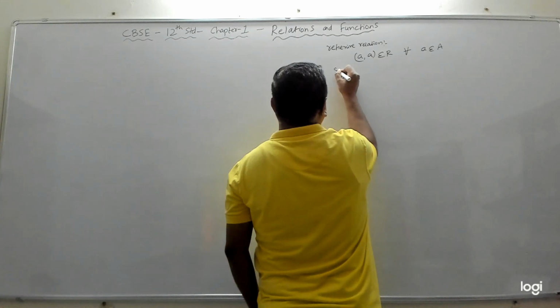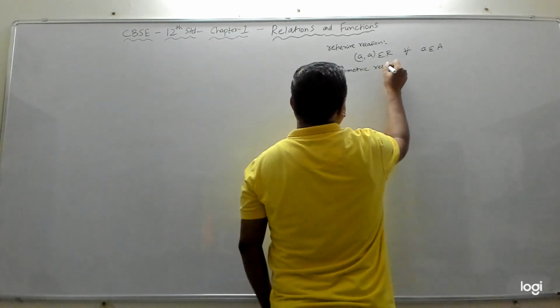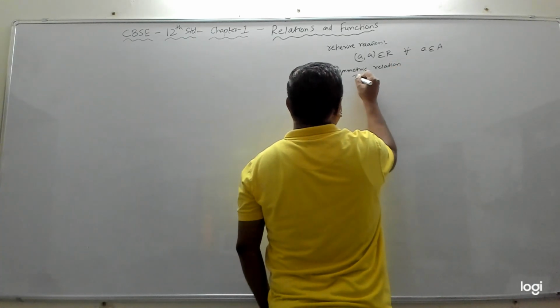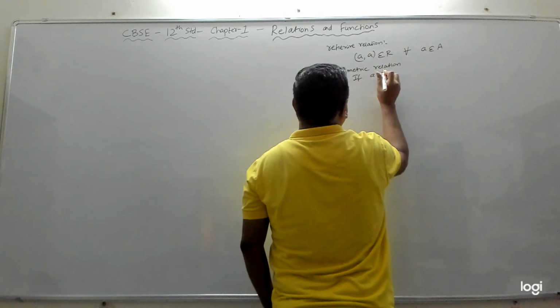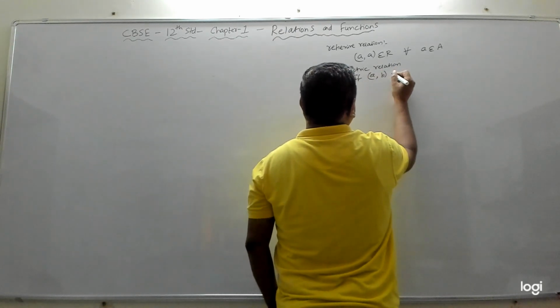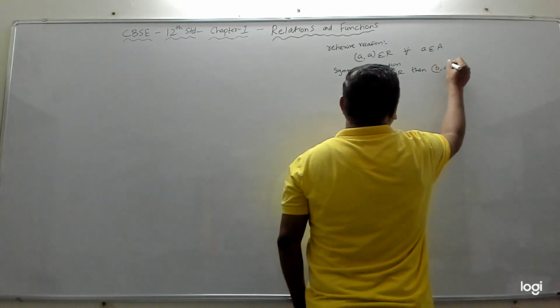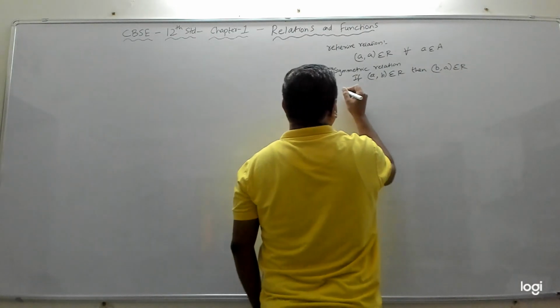Then a symmetric relation is: if (A, B) belongs to R, then (B, A) should belong to R. That is symmetric.